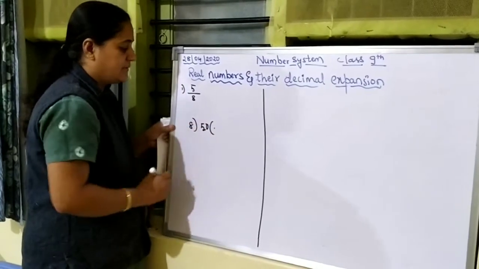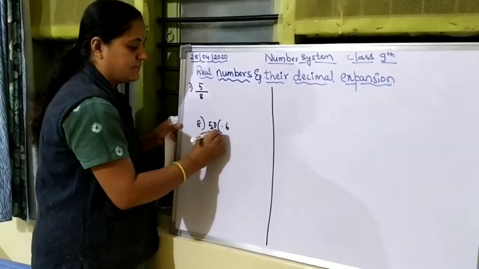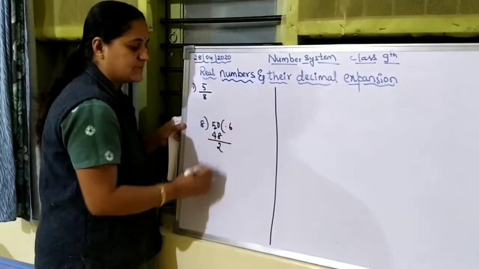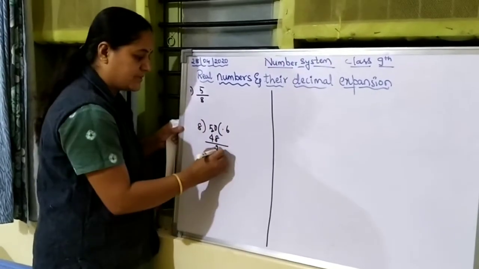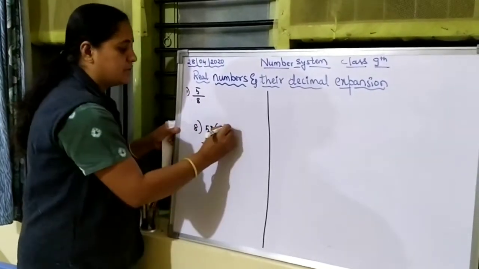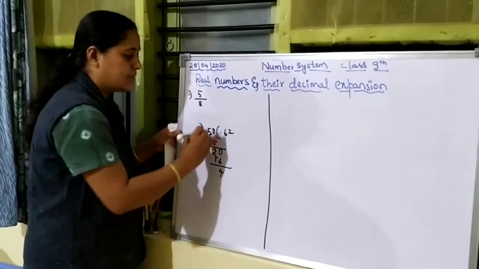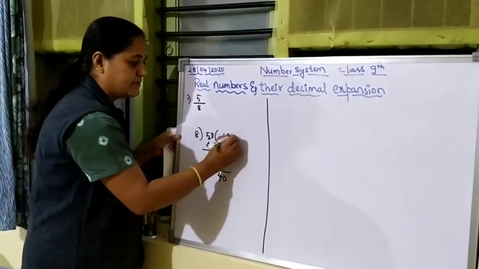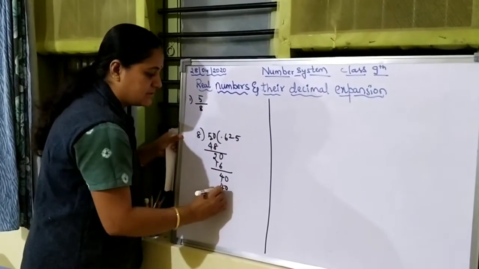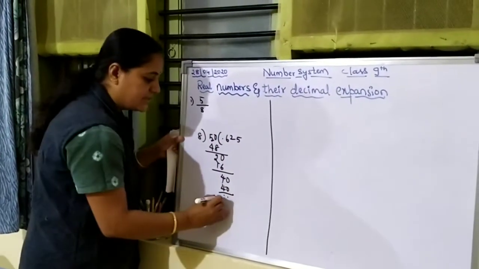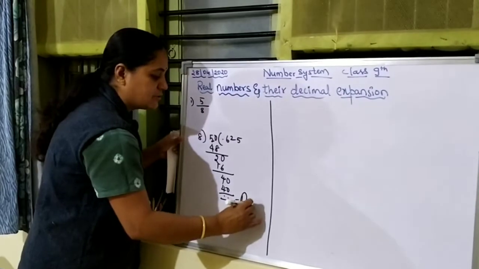Then 6 times 8 is 48, 2 remains. Because there is already a decimal, you can take 10 easily. 2 eights are 16, remainder is 4. Now I can take 40, 5 eights are 40. So I am getting remainder 0.